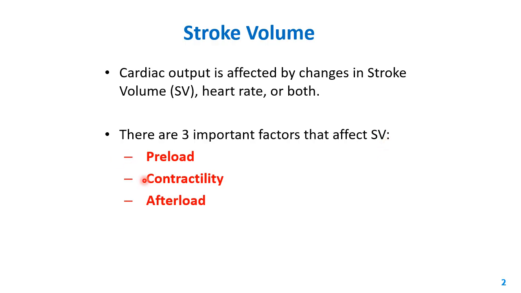All right, so three things are important for your stroke volume. We have preload, and then we have contractility, and then we have the afterload. So as we're going to see, when we're talking about preload, we are talking about the volume of blood that gets to the ventricle before it contracts, okay? When we're talking about the contractility, that is the intrinsic property of your myocardium.